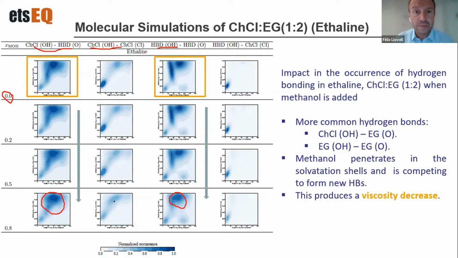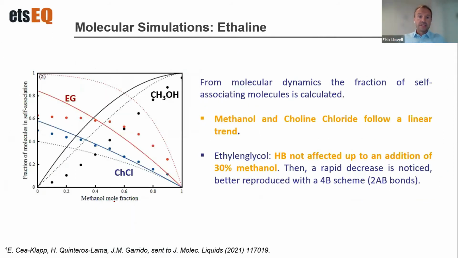In terms of physicochemical properties, this is producing a viscosity decrease, which will have an impact in the unit operation of our particular application. This data can be also studied combining molecular simulations and soft approaches. In this figure, we can see how these authors studied the fraction of self-association molecules calculated for methanol, ethylene glycol, and choline chloride.